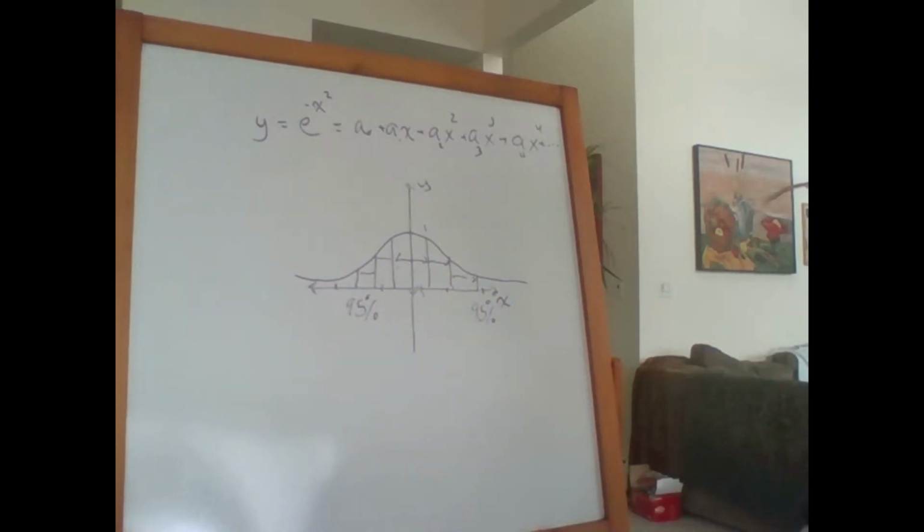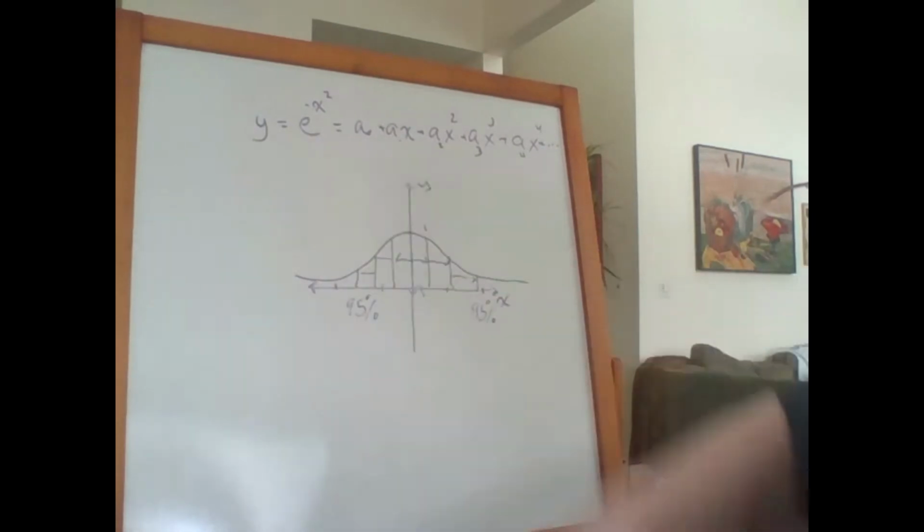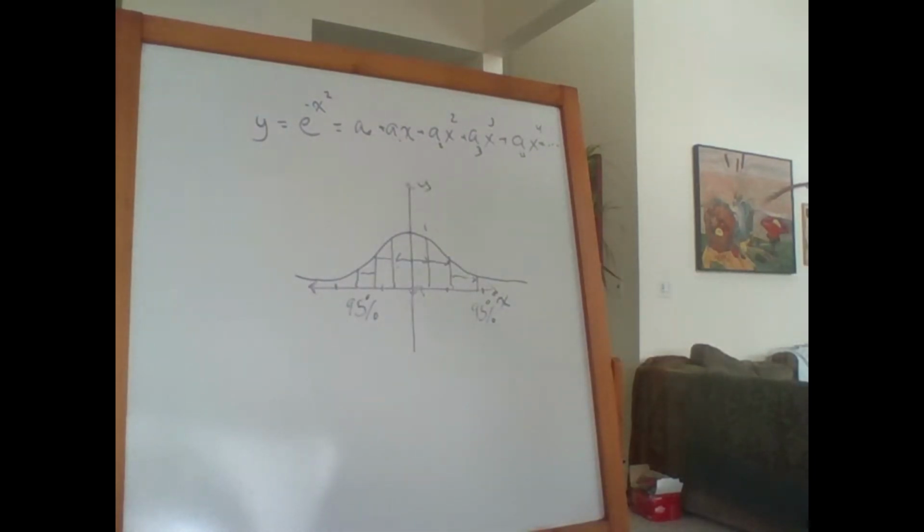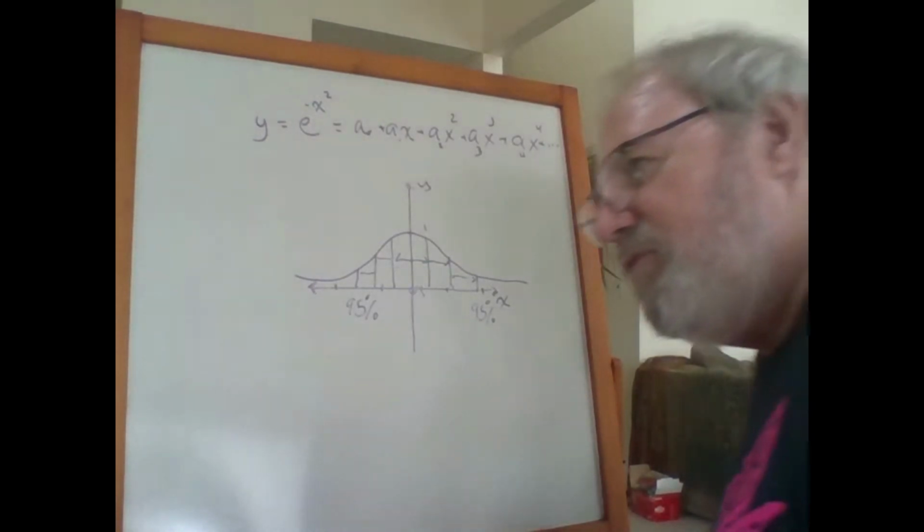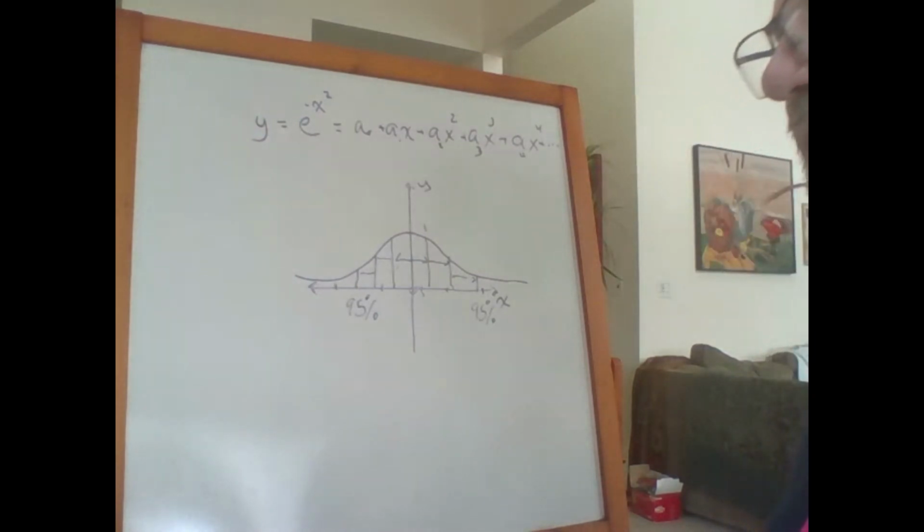The problem is you cannot integrate this function. There's just no way you can integrate that function. There are many functions that you just can't integrate. There's no way to do it.